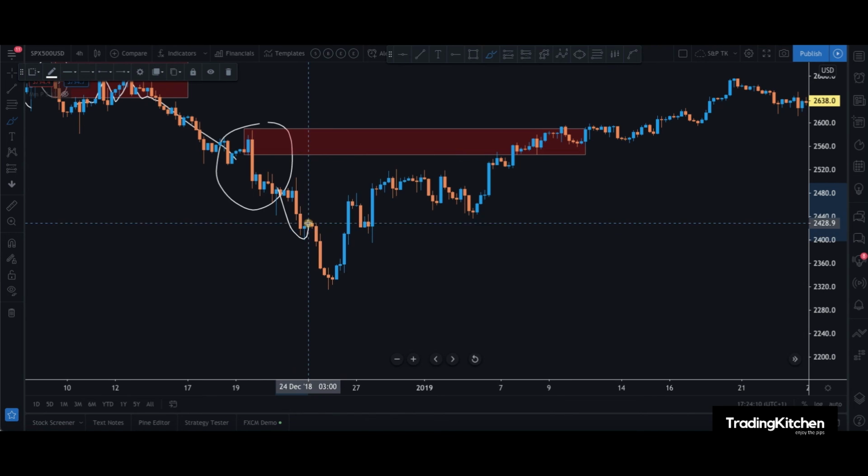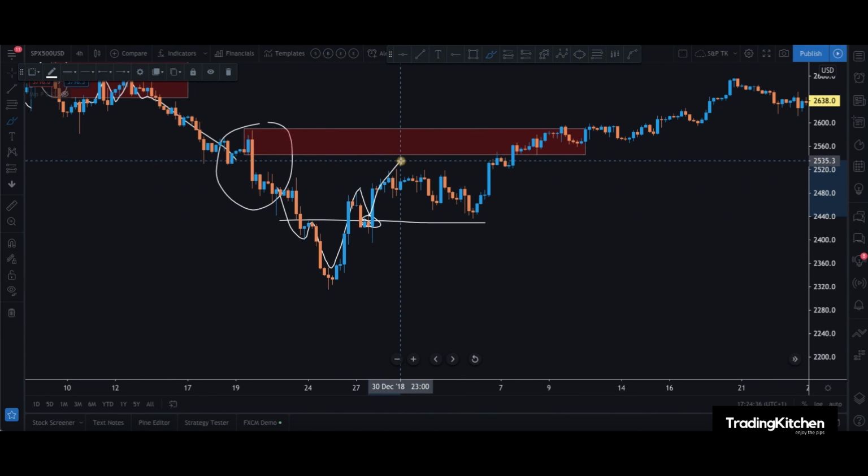This is a formation. Price goes up, breaks this resistance and then turns back to test the resistance that became support, then goes up.